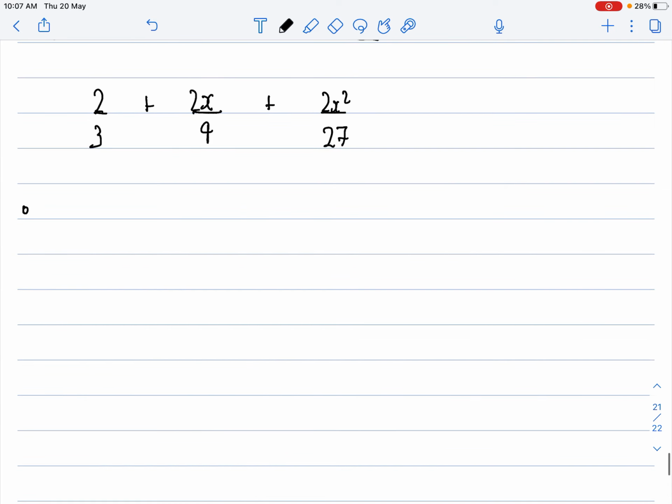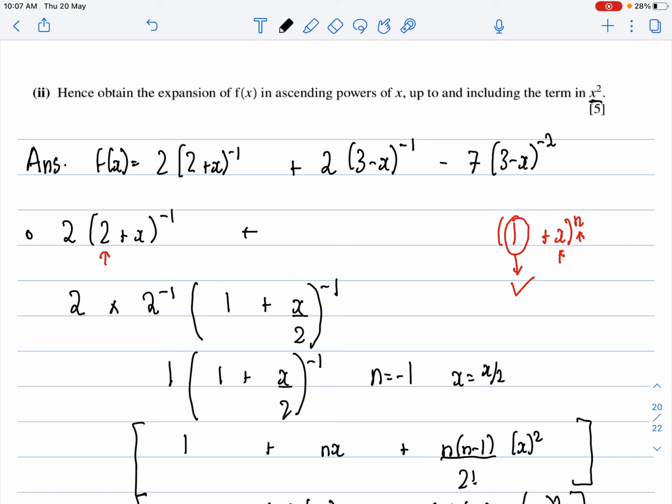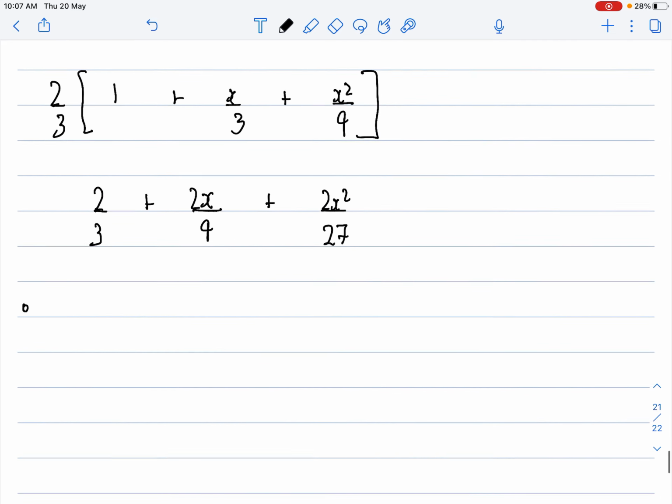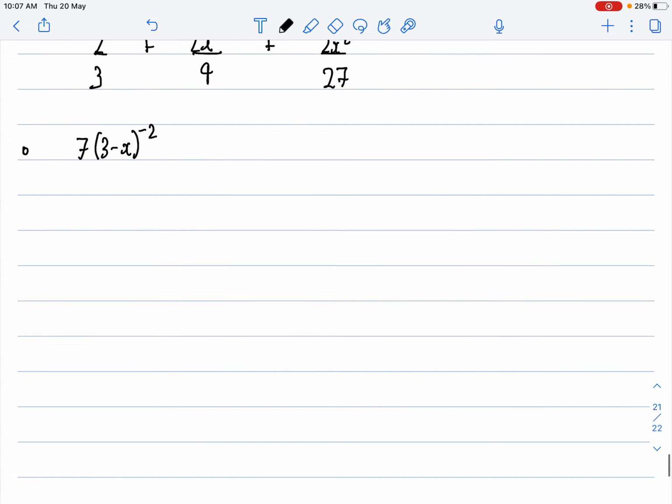Now I have the last part, which is simply 7 into 3 minus x raised to minus 2. So converting into the form, I can write this as 7 into 3 raised to minus 2 into 1 minus x over 3 raised to minus 2.